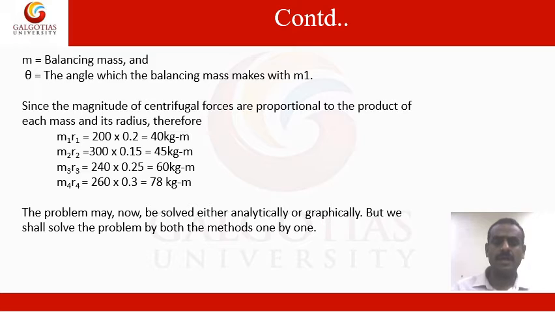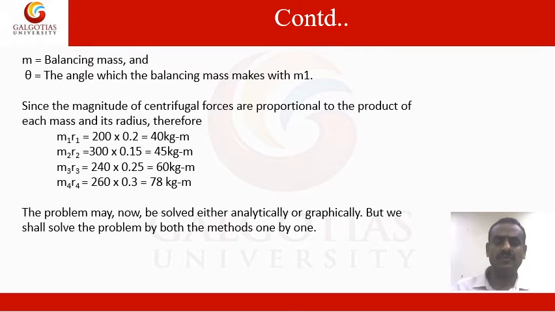Therefore, M1 R1 equal to 200 into 0.2 equal to 40 kilogram meter. The centrifugal force for the second mass is FC2 equal to M2 R2 equal to 300 into 0.15, which will be equal to 45 kilogram meter.